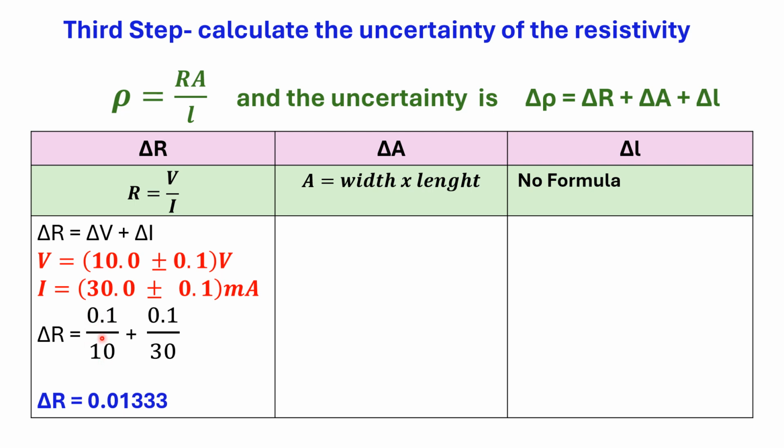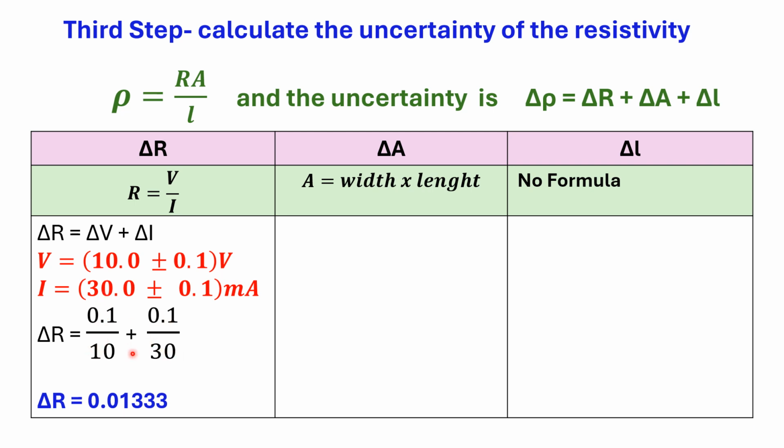So in this case, for voltage, 0.1 divided by 10, and for current, 0.1 divided by 30. Now notice here, because both have the same units, I don't use the multiplier for the prefix, because it's going to cancel anyway. So you don't have to do that, just get the uncertainty divided by the value.